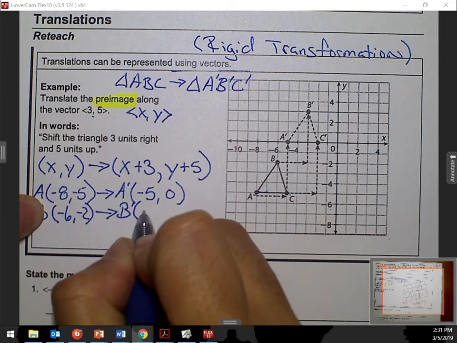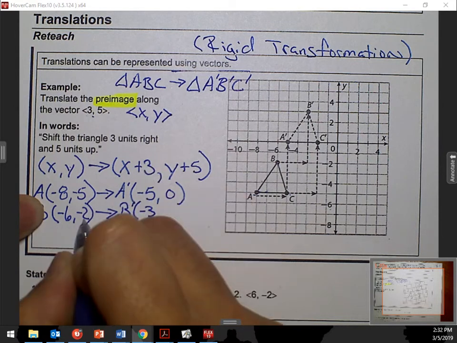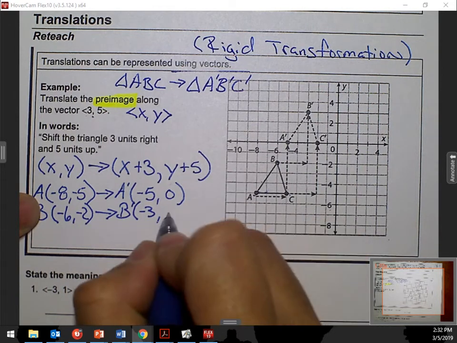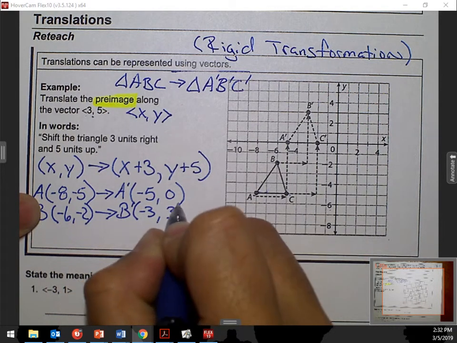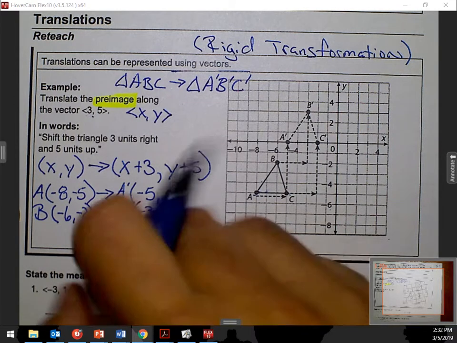Negative 3, right? So to the x, I'm adding 3. And now, what am I getting for the y value? Positive 3. Is that good? I like it.